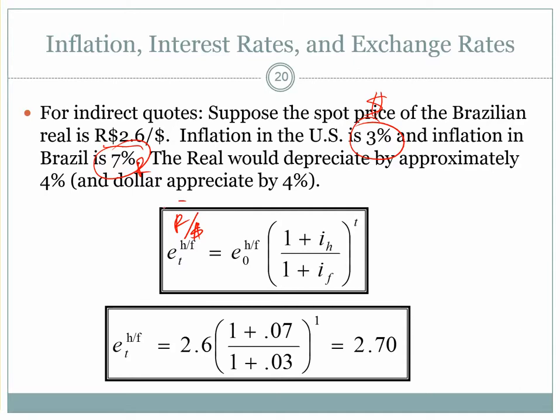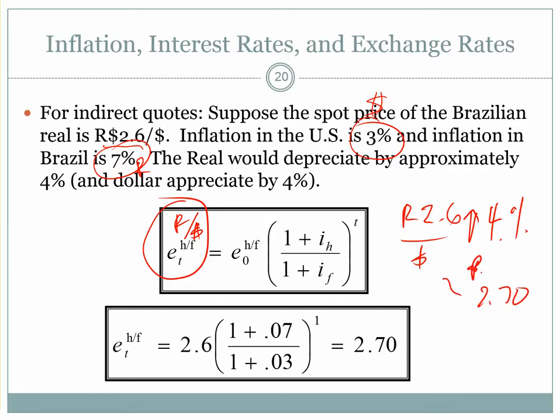Now be careful. Remember, this is the real per dollar exchange rate. So this is actually the price of a dollar. The current price of $1 is 2.6 reais. That is what's going to go up by about the difference in inflation rates, 4%, which is about 10 cents. So it's going to go to about 2.70 reais.